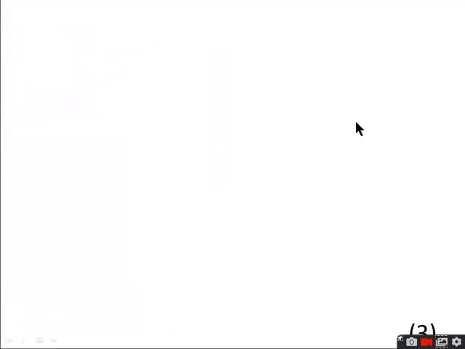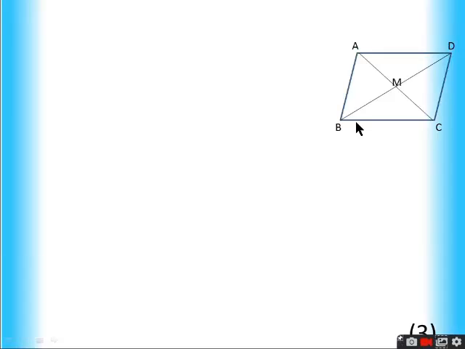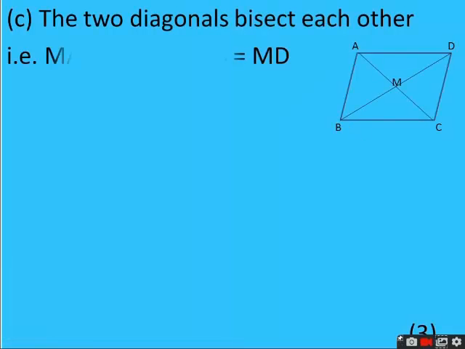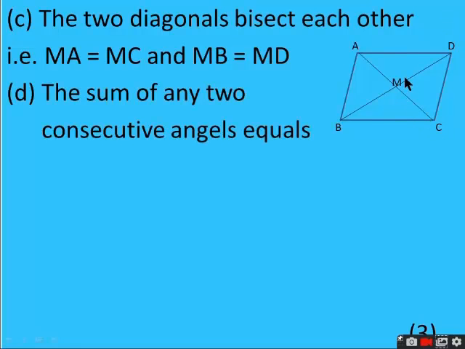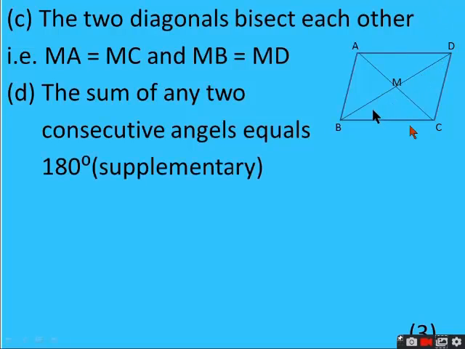The relation is the two diagonals of the parallelogram bisect each other. What is the meaning of bisect each other? Bisect means length of MA equals length of MC. Also length of ME equals length of MD. That means the two diagonals bisect each other.